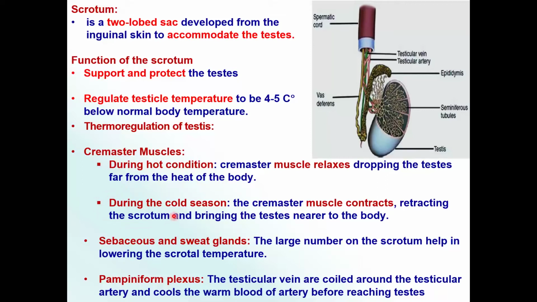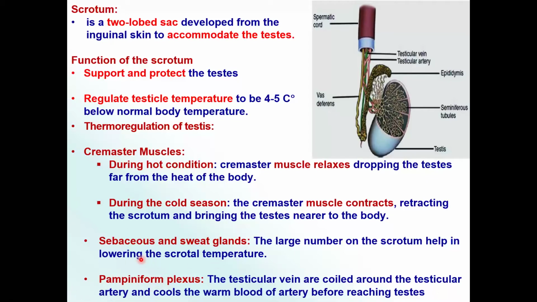But during cold weather, the cremaster muscles contract, and this will lead to bringing the testis near to the body. The scrotum contains a large number of sebaceous and sweating glands, and those help in lowering the scrotal temperature.